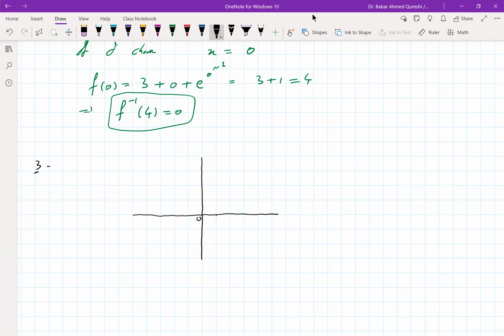This is 0, 1. Each box is a unit. 1, 2, and so on. And you have this graph. Crosses it here, crosses this here, and goes up to here, like this.